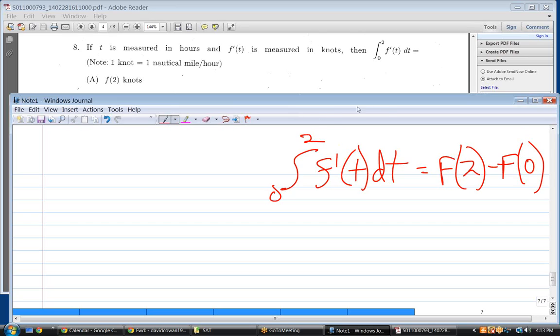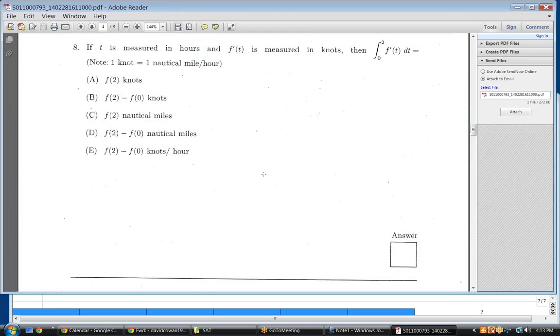Well, actually, I guess in this case it really is little f, isn't it? Yeah. Because we're taking the integral of the derivative of little f. So it would be that. And do we know what that is? F of 2 minus f of 0.